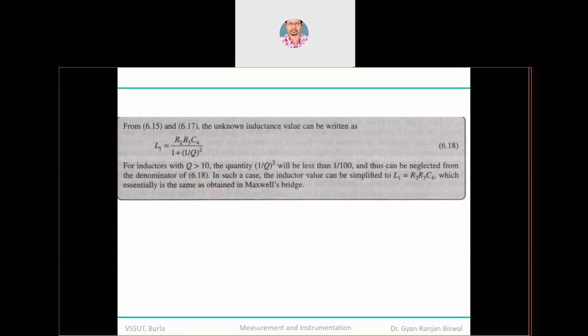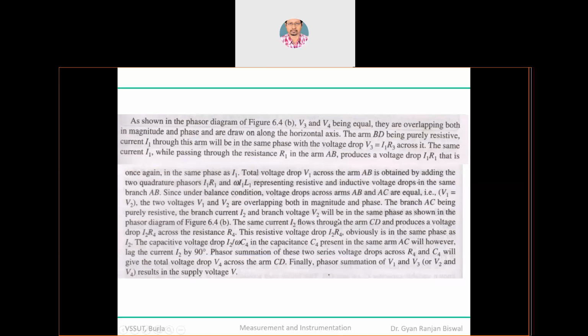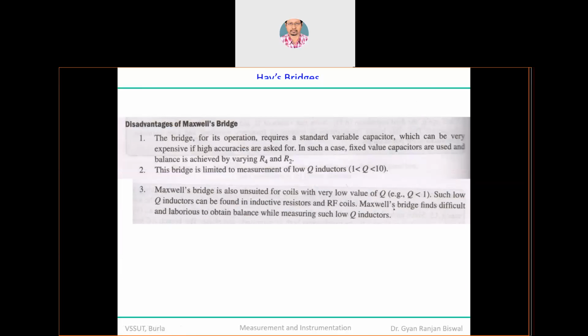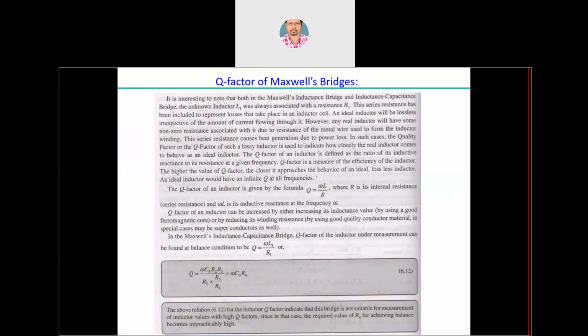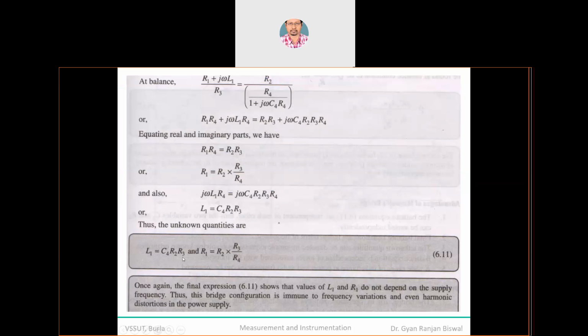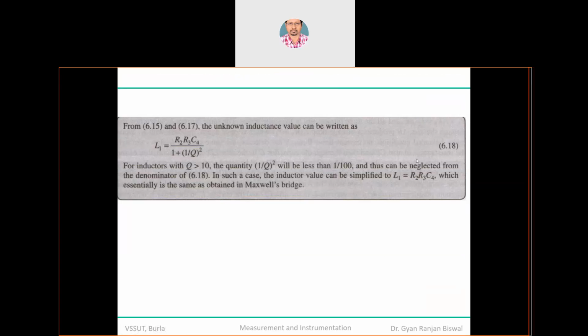Now you see that if L1 is equal to R2 R3 C4, the unknown value of L1 is the same, it is nearly the same as what you have essentially achieved in case of the modified Maxwell bridge also, as you can see over here. Clear? You see it is C4 R2 R3 for L1, and here also you are getting the same thing, that is L1 is equal to C4 R2 R3.